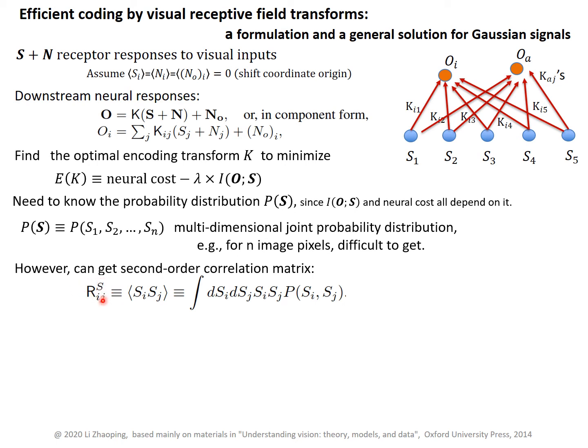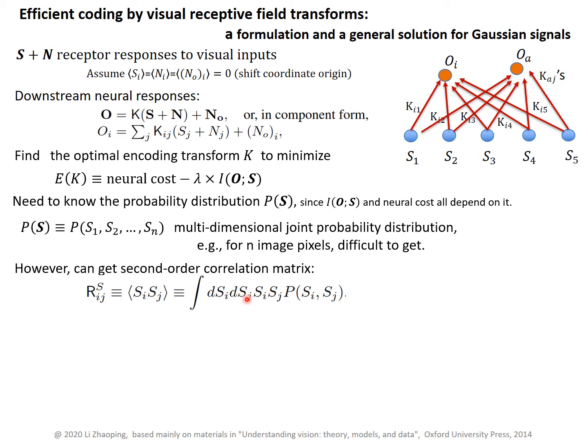It has this ij matrix element, and the ij matrix element is a second order correlation between the Si node and Sj node of the input. You can see that this correlation is the average of Si Sj, weighted by the joint probability of Si and Sj, and integrated over Si and Sj. And this is much easier for us to get as properties of natural inputs.